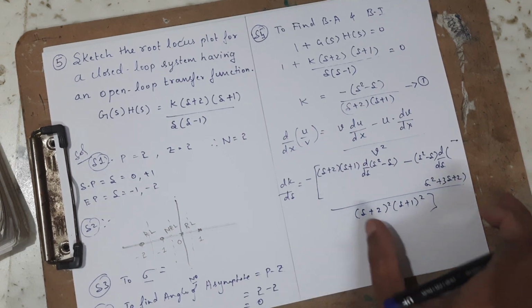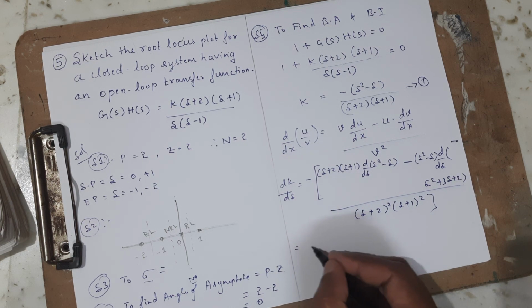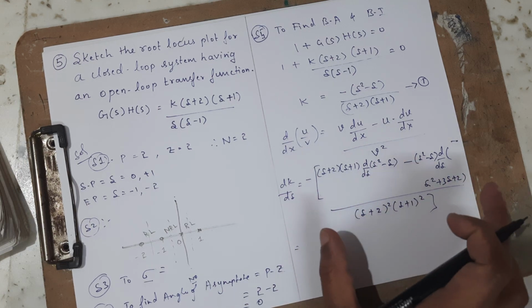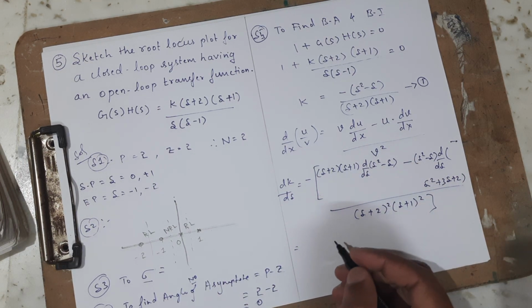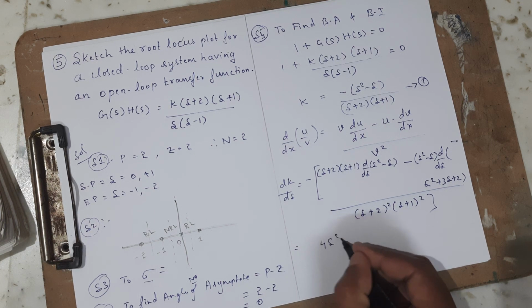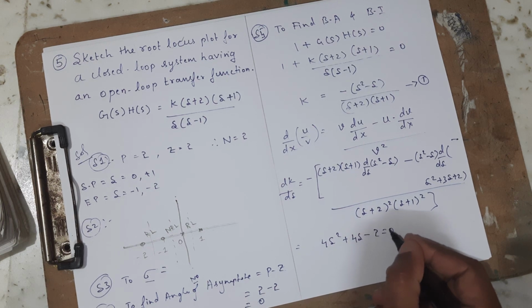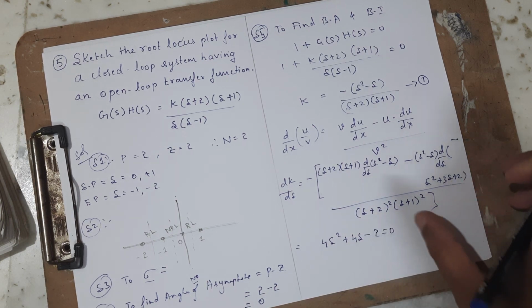Okay, so after differentiation, after differentiating, I am going to simplify this, and I am going to write it as 4s square plus 4s minus 2 is equal to 0. So this is after simplification.